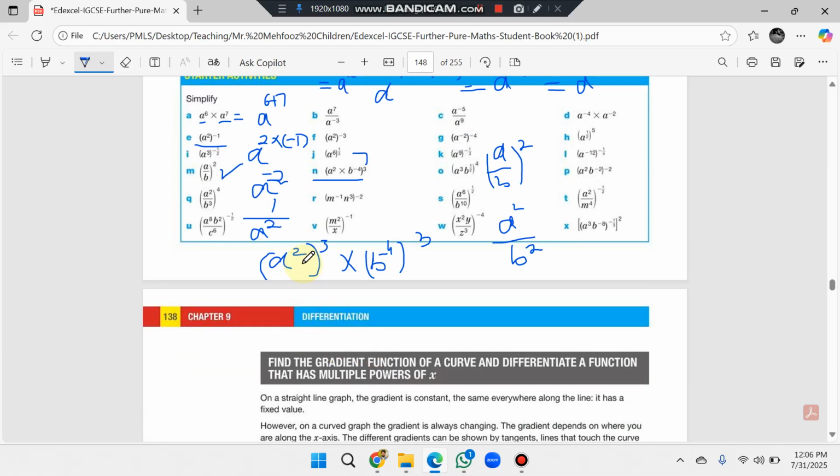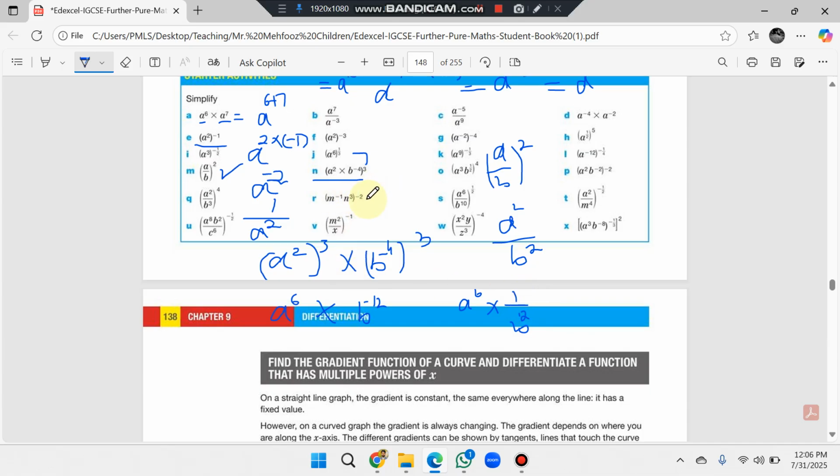Now this question is the same as the previous, from part E to part L. We can multiply the powers, so it will become a raised to the power 6, and this will become b raised to the power minus 12. So minus 12 can be converted into positive 12 by taking the reciprocal. So it will become a raised to the power 6 multiplied by 1 over b raised to the power 12. This is its simplest form. Understand or not?